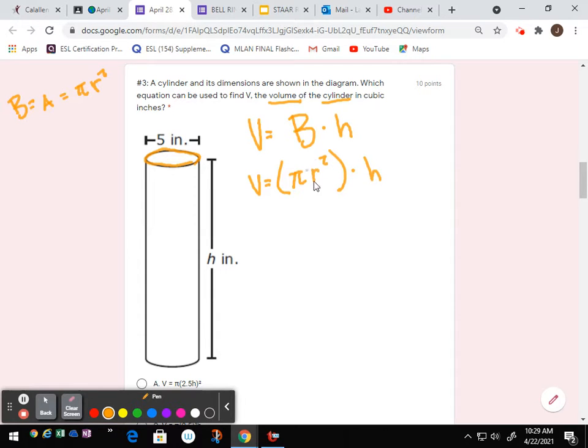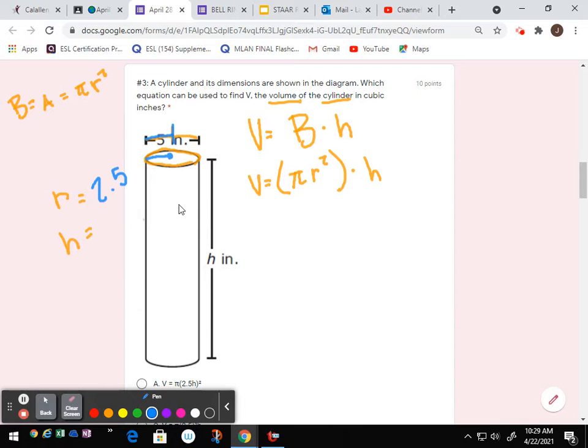All right, so we need to know our R and our H. Let's write R, H. The 5 goes from one side of the circle to the other, so we only need half of it for our radius. Half of 5 is 2.5, so R is equal to 2.5.